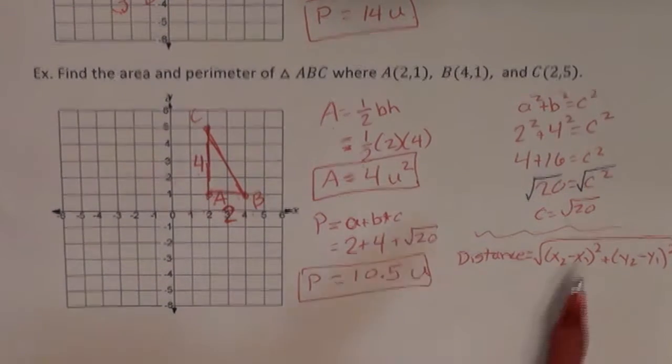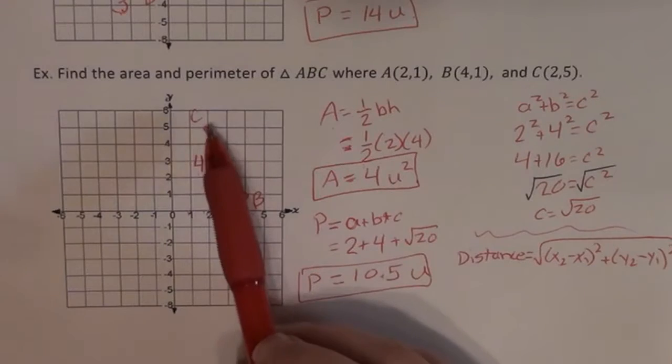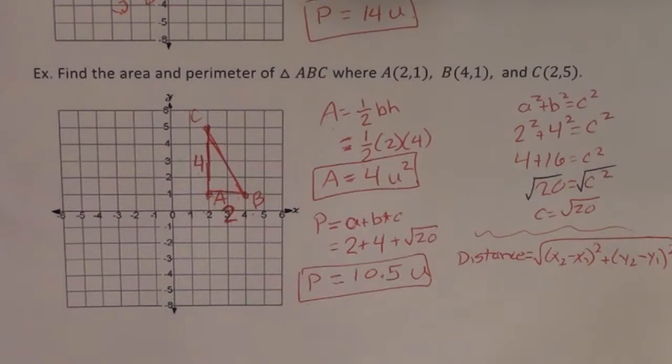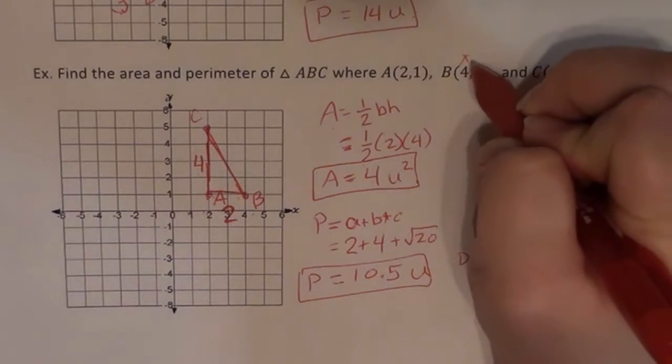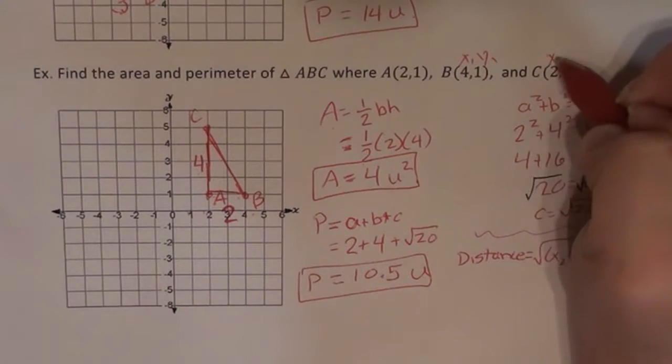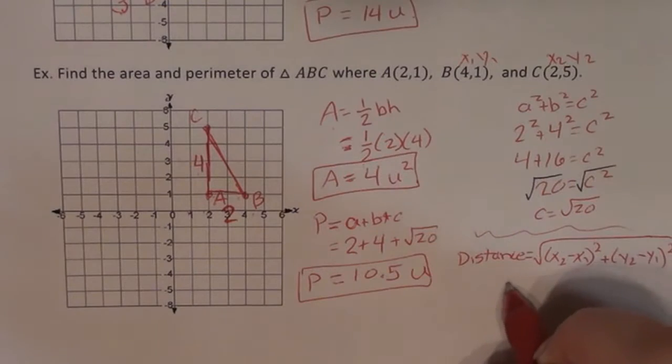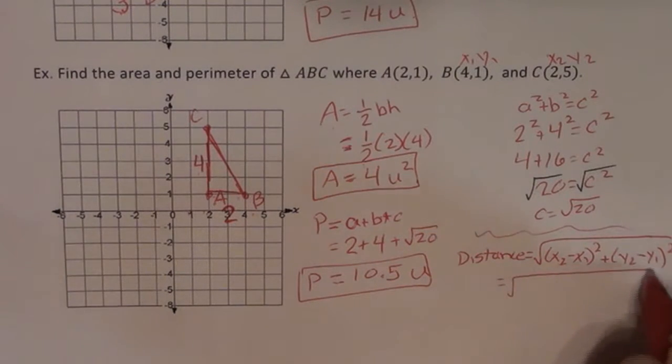And for this problem, our x's and our y's would come from the point C and the point B. So up here, we'd have x1, y1, x2, y2, and we could actually plug it in.